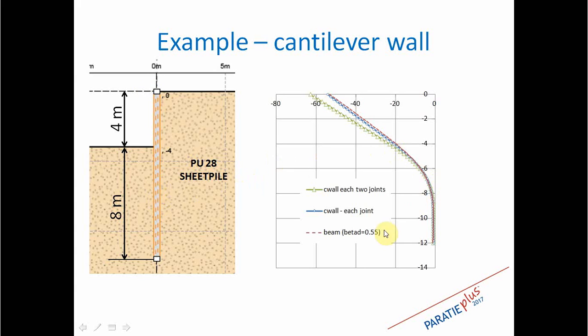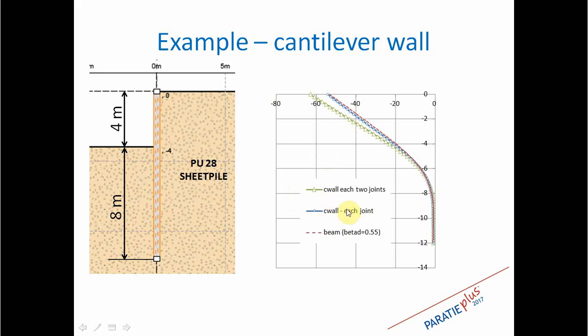Here you can see what happens if we model the joint resistance, including the crimp stiffness and resistance recommended by Eurocode. We can see that if we crimp the wall at each two joints, we have the maximum deflection.